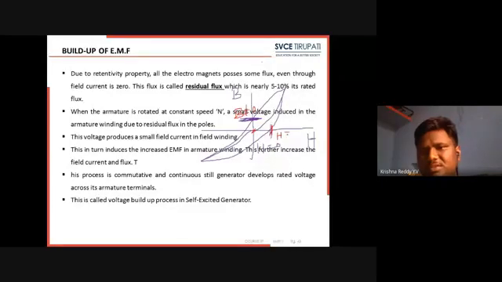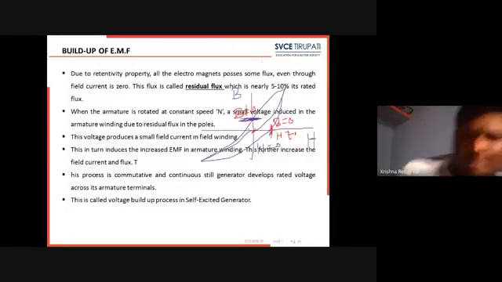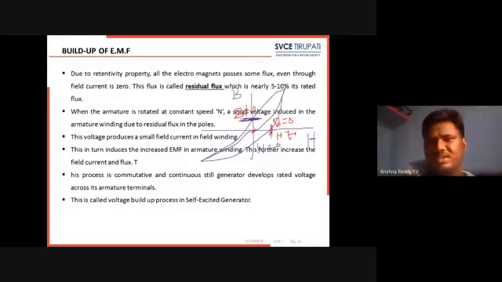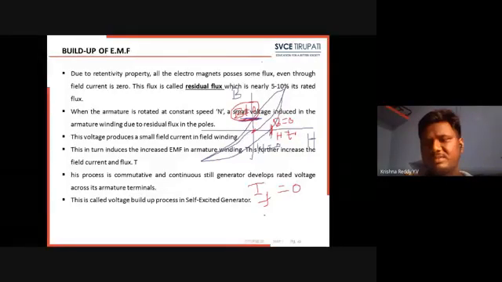Even if the field current is equal to zero, the magnet possesses some amount of flux. That is known as retentivity.